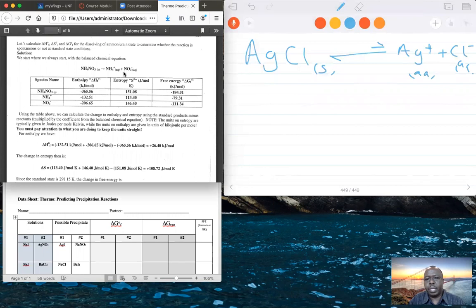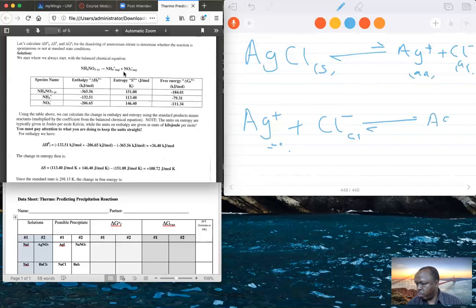This is the solubility equilibrium. But for precipitation, it is the opposite. This is what we are trying to determine. If I have silver ion plus chloride ion, this is aqueous. It doesn't want to go this way.